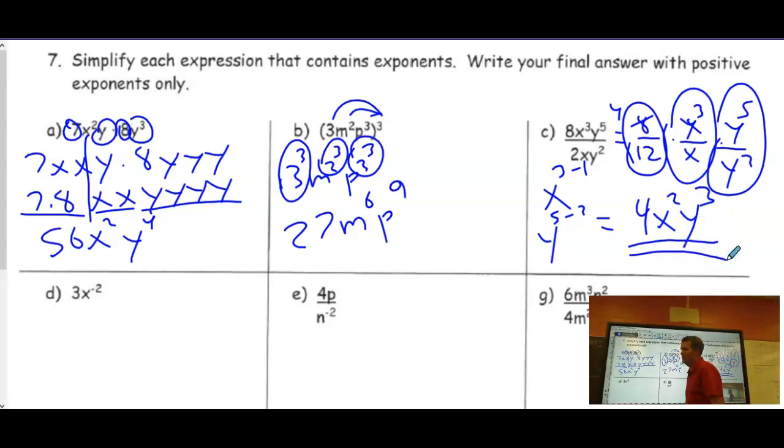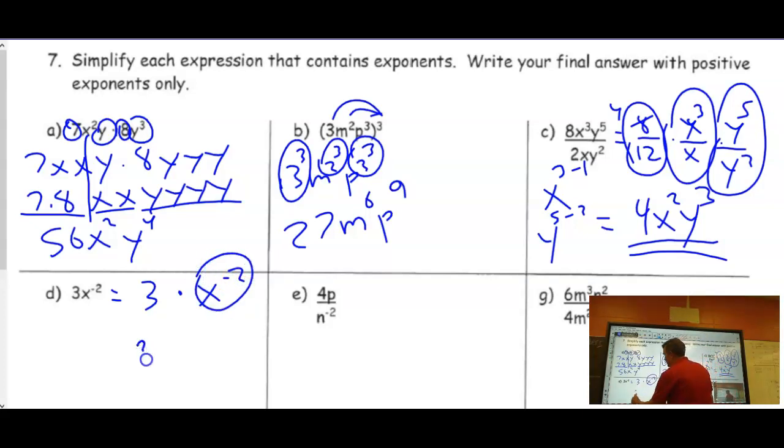All right, this is a tricky one. People tend to think that that exponent is on the 3, but it's not on the 3. It's only on the x. Think of this as 3 times x to the negative 2nd. Well, we all know how to take care of that, hopefully.